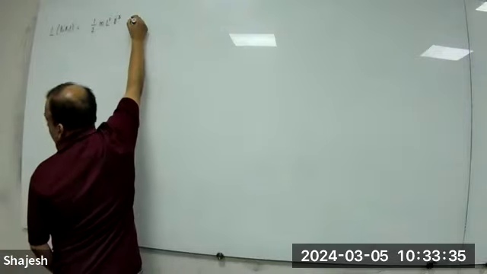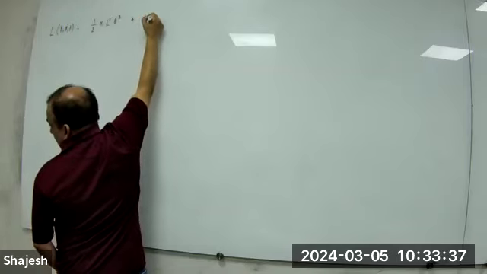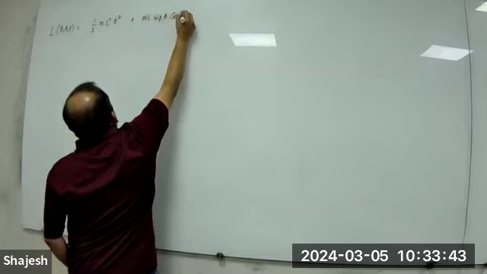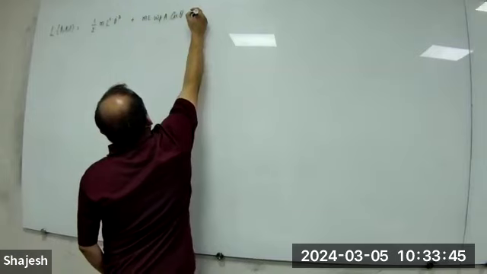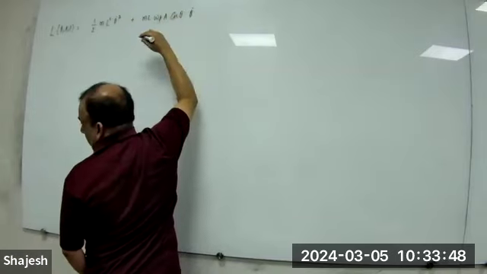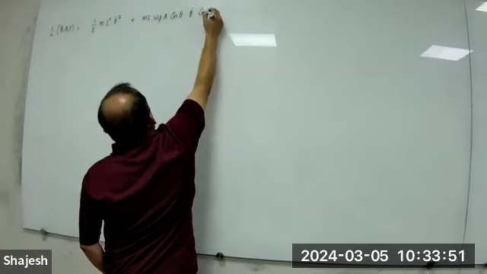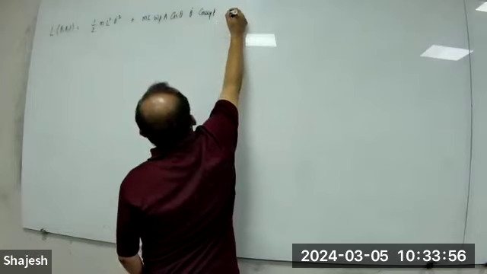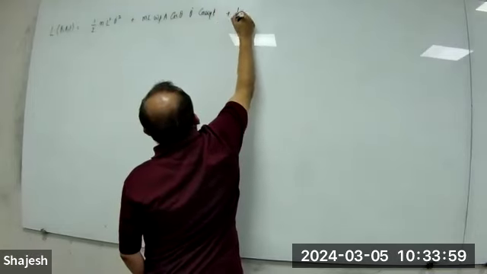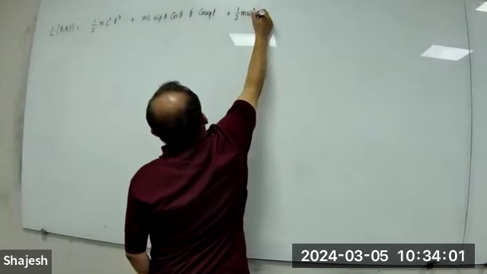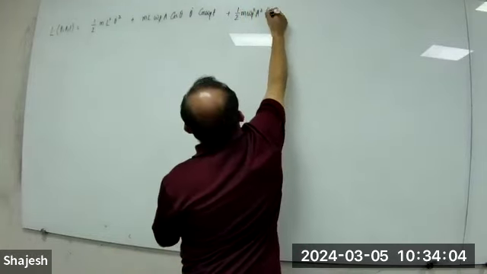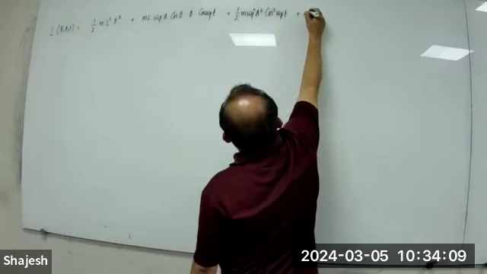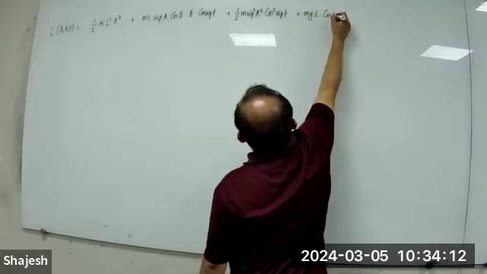So this is plus m l omega f a cosine theta, and then there is a theta dot and cosine omega f t. And there is a time-dependent term, half m omega f square a square cosine square omega f t. It's pretty much repeating it. And plus m g l cosine theta.